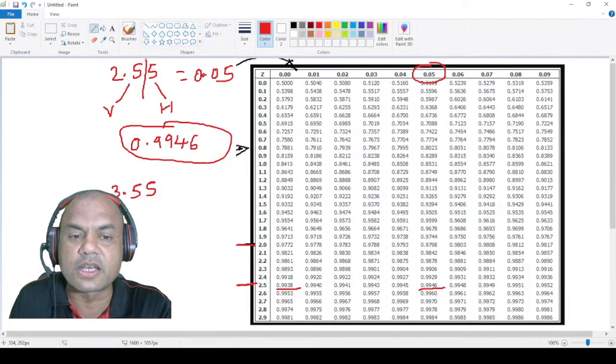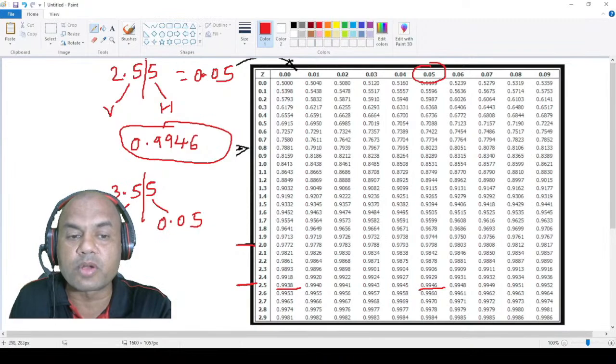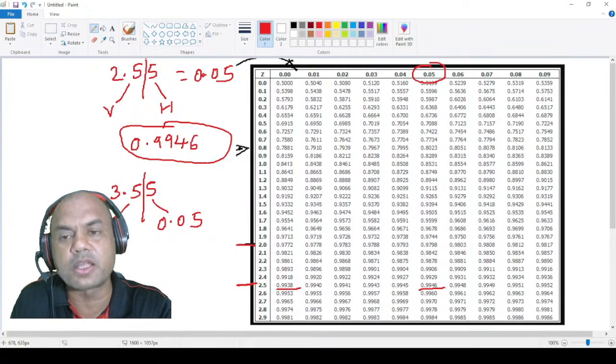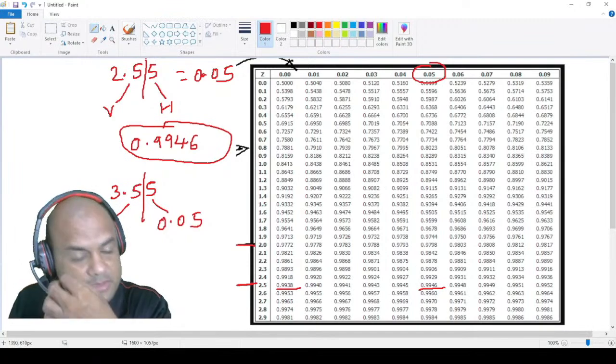Now for the second, 3.55, again divide it into two parts. This is vertical, this is horizontal, 0.05. But what about 3.5? Do I have this 3.5 over here? My maximum is 2.9 over here, or 2.9 and then 0.09. So 2.99, you can say only maximum 3.